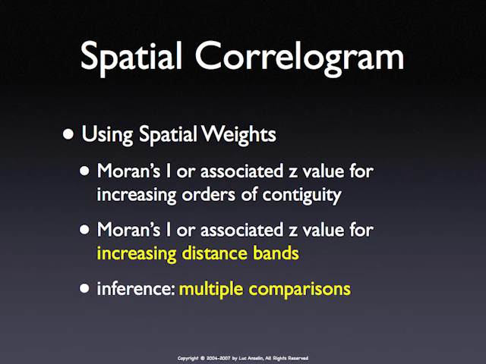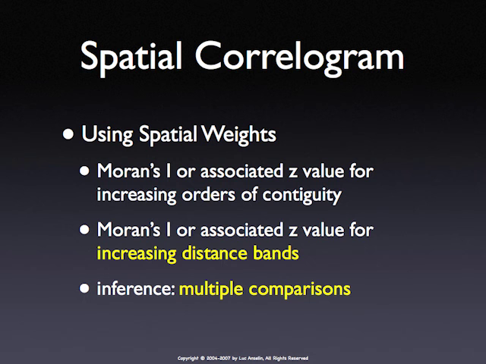The reason why I say the z-value is preferred is that z-values are actually comparable between situations, whereas Moran's I as such is not, because Moran's I really depends on the weights matrix. So different Moran's I values using different weights matrices are not directly comparable.